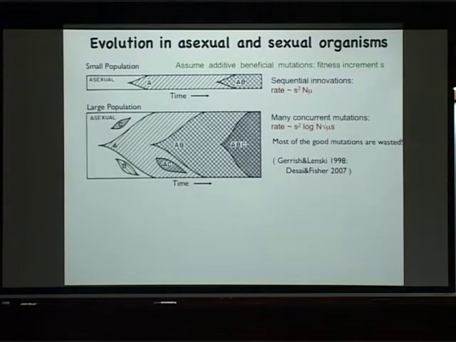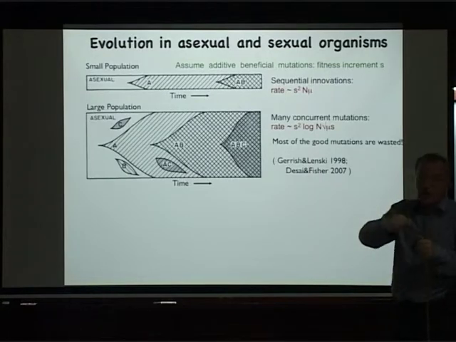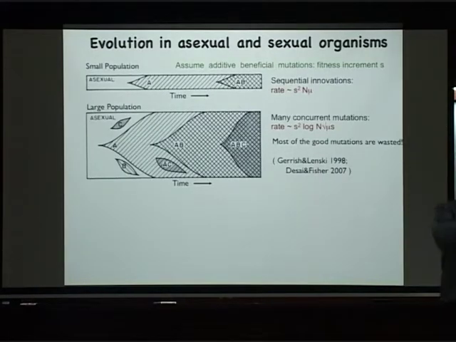So next, let's think about what happens in a situation where the mutation rate is higher or the population is larger. Now we have basically turned up the faucet of mutation rate, and these beneficial mutations are coming in more rapidly.